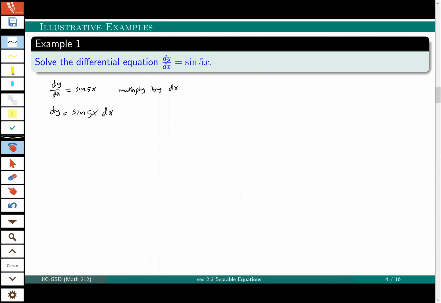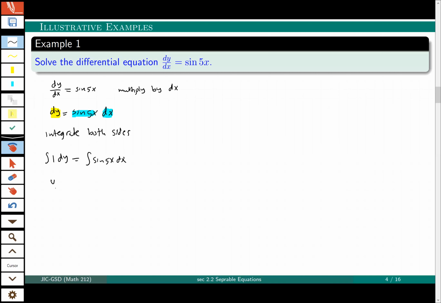Now, are they separated or not? Here we have dy only, and there I have dx. What I have here is only a function of x, so they are completely separated. So the next step, integrate both sides: integral of 1 dy equals integral of sine 5x dx.